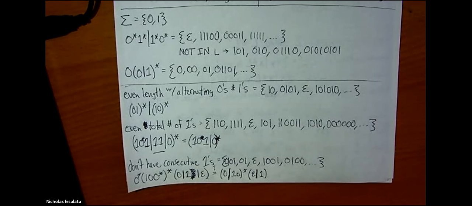And the way to think about the book's answer is you have a string of zeros or 1 zeros. So you can't make consecutive ones, because anytime you put in a 1, you've got to put a 0 after it, right? Or you could not put in a 1. That's okay. You could put as many zeros as you want. But if you do put in a 1, you got to put a 0 after it to avoid those consecutive ones, right?